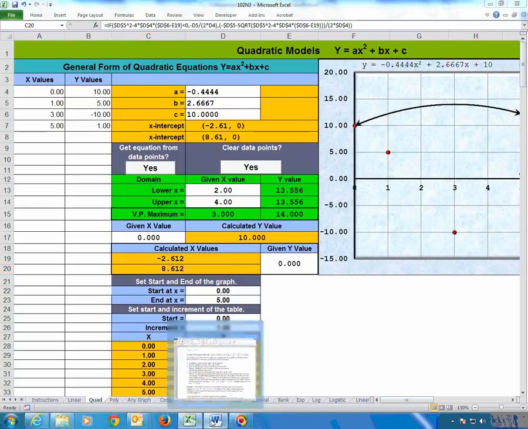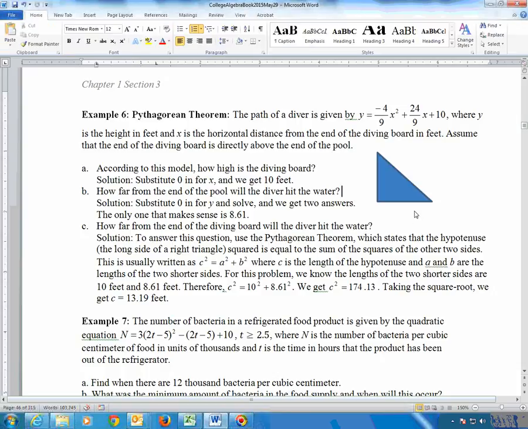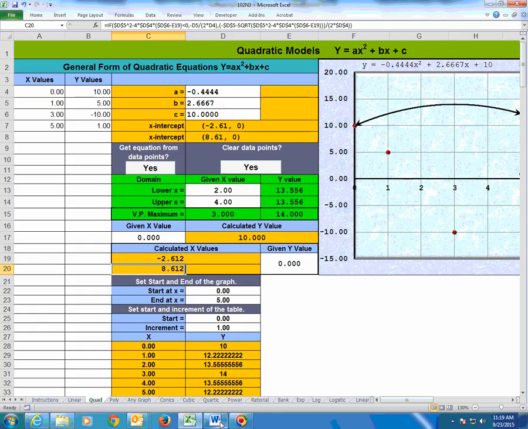And then the third part of this says, how far from the end of the diving board will the diver hit the water? Well, on this problem here, we have a situation similar to this. Let's think of this as the horizontal distance. Maybe the pool goes out here farther, and here's the height of the diving board. So we know this is 10 feet from part A, and we know that the distance over here to where the diver hit the water is 8 point something feet, right here, 8.612 feet.